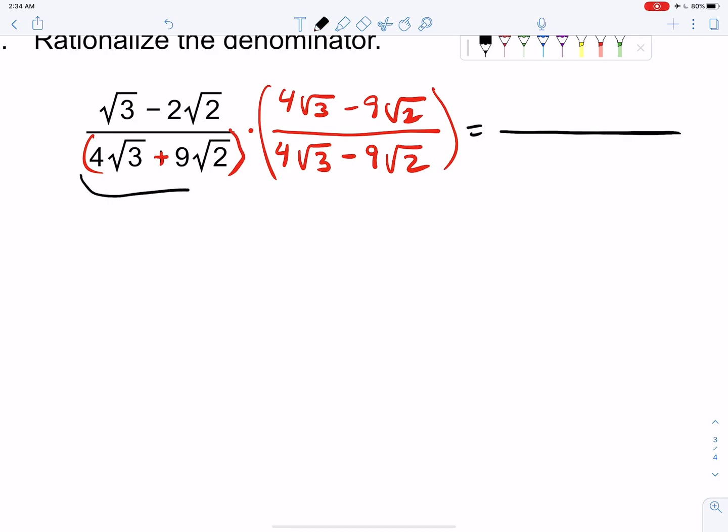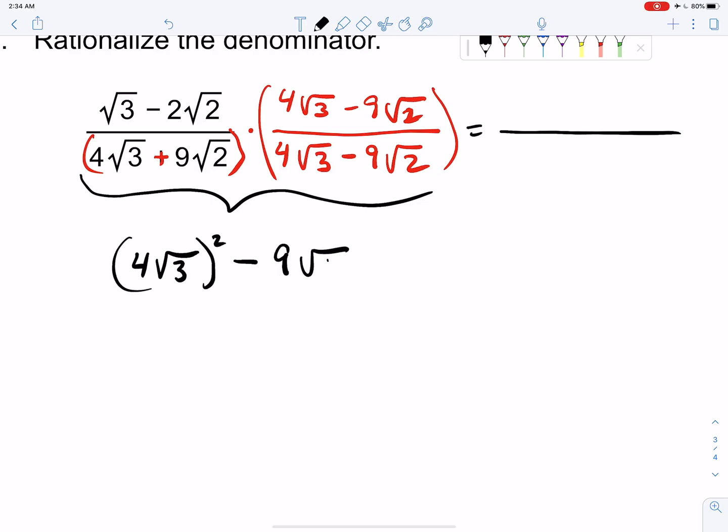What happened down here? Well, like it always does when you're multiplying by the conjugate, you get the difference of two squares. You get 4 root 3 squared minus 9 root 2 squared.